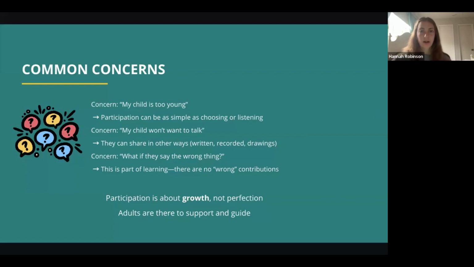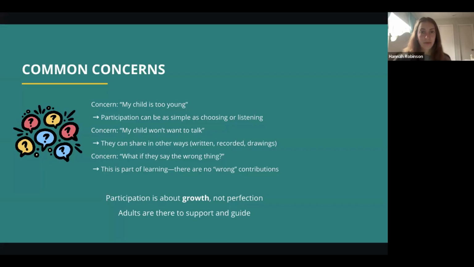So there are some common concerns that parents, guardians, and family members might have when involving their student in IEP participation. One of these concerns might be my child is too young. Well, participation can be as simple as choosing or sitting in and listening.